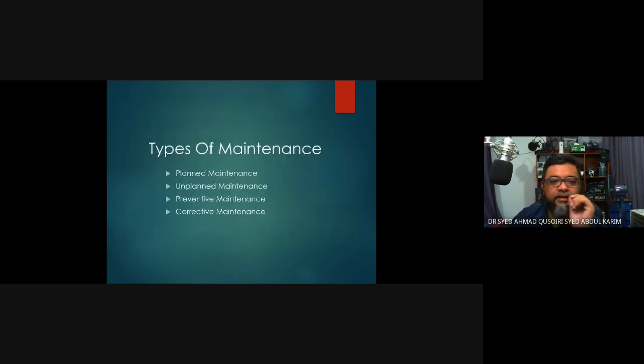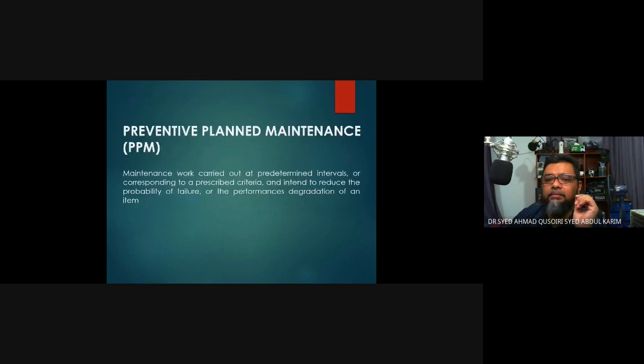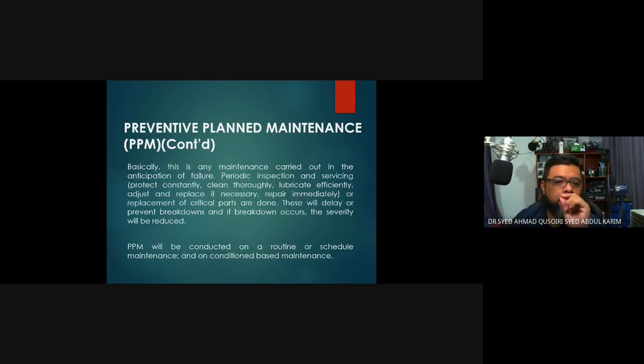Okay, next is yang ketiga, preventive plan maintenance. Maintenance to be carried out predetermined interval or corresponding to a prescribed criteria and intend to reduce possibility of failure. So PPM ni kita jalankan mengikut perancangan.